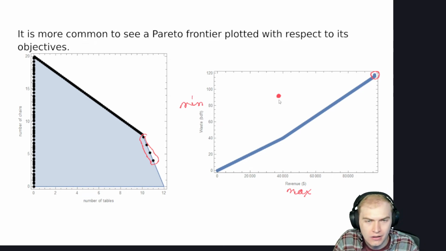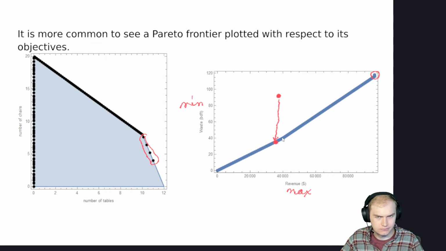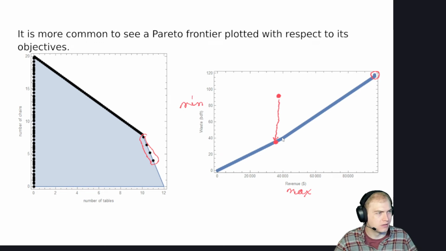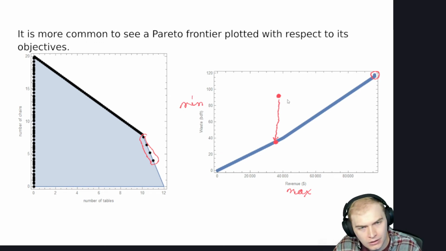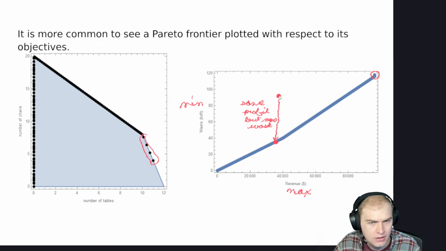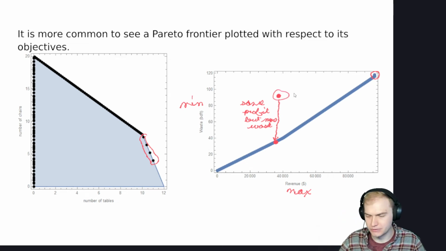Well, it has the same revenue as this point, but it wastes a lot more. So, same profit, but more waste. So this is not Pareto efficient.